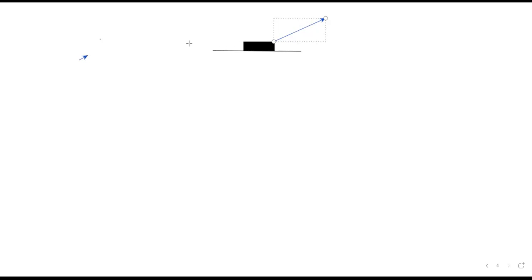Now, I hope you appreciate that there is an angle here. Let's say this angle here is theta.